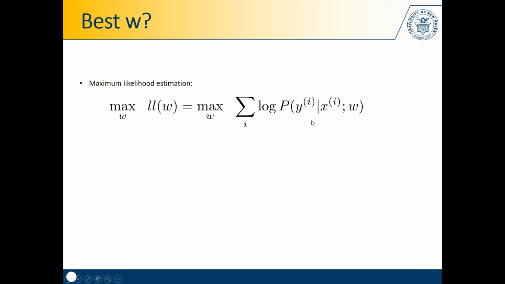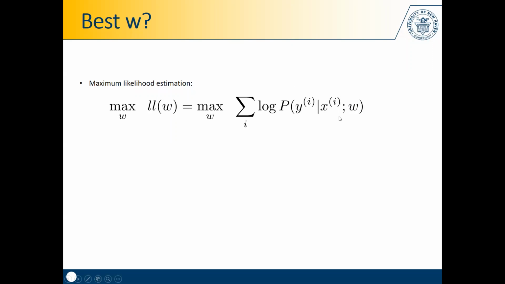We are calculating the probability of the correct class for i occurring given xi with a model that uses W. If you have the W, it's really straightforward to calculate this, right?